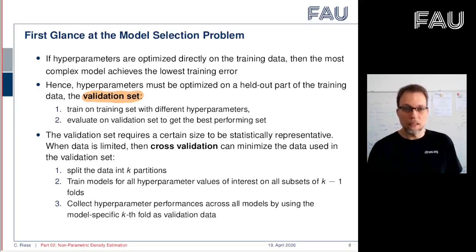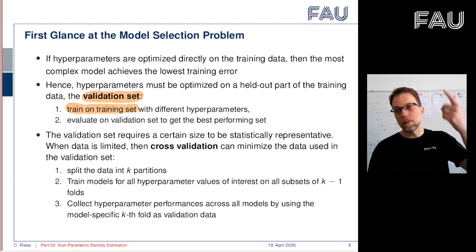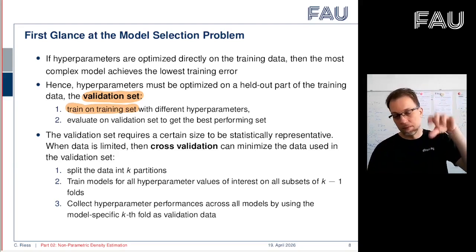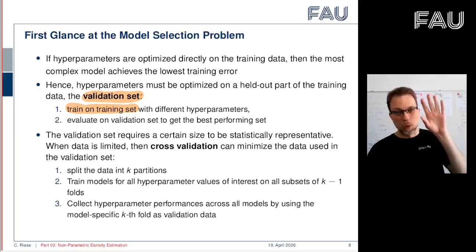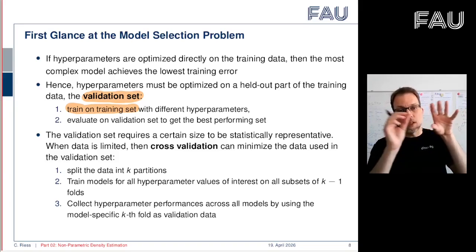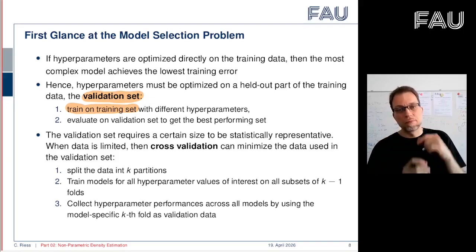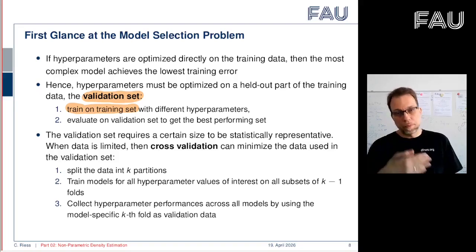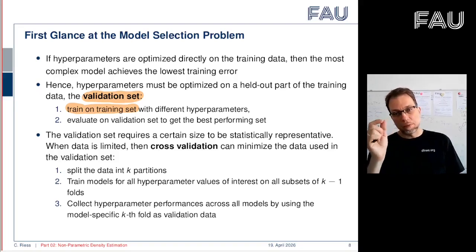The way it works is you train on a training set with different hyperparameters. You do one training run for one model with hyperparameter A. You do one training run on that same training set with a different setting for the hyperparameter, let's call it B. And then you repeat for all possible hyperparameters.